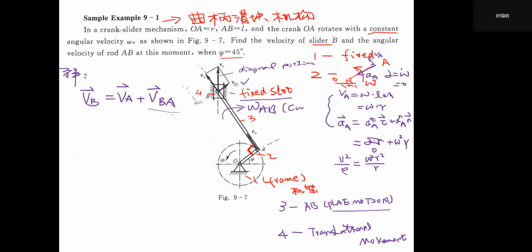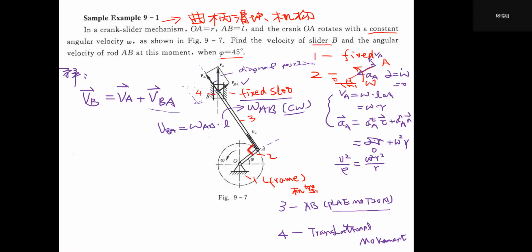We also know that the magnitude of VBA equals omega AB times L, where L is the length of AB, right? Since we know this phi is 45 degrees, here is also 45 degrees. Can you find this?